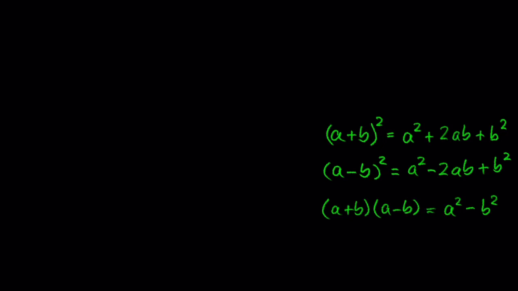So when we have, for example, (x + 1) times (x - 1), then this is equivalent to the first term squared, which is x squared, minus the second term squared, which is 1.